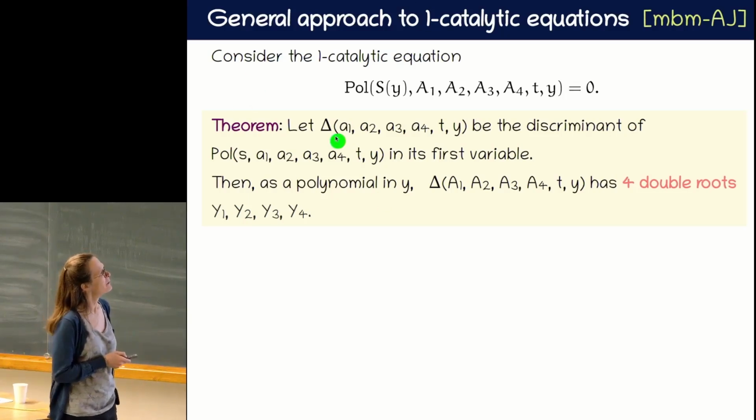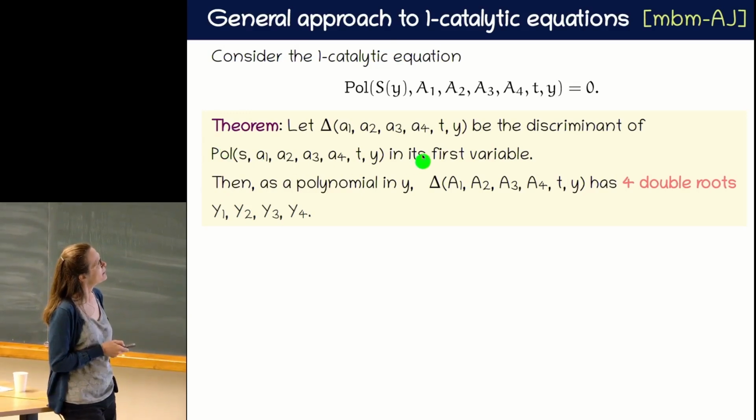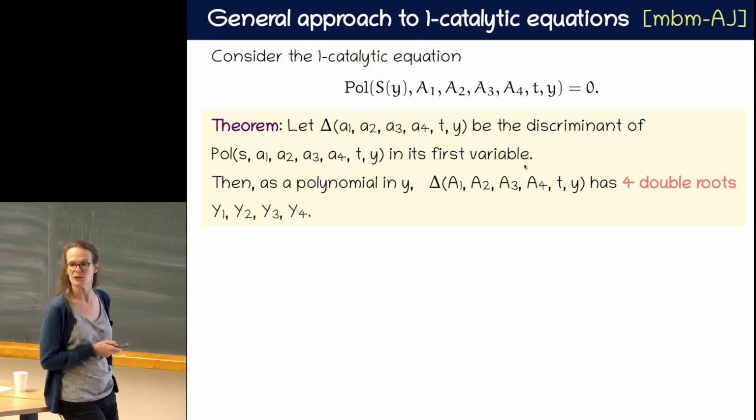Then one of our results tells you the following. So you have this polynomial here in 7 variables. You take the discriminant of this polynomial with respect to the first variable. So this gives you a polynomial delta in just 5 variables.